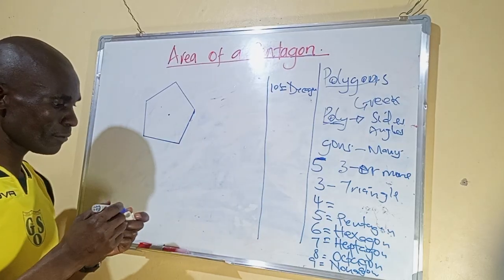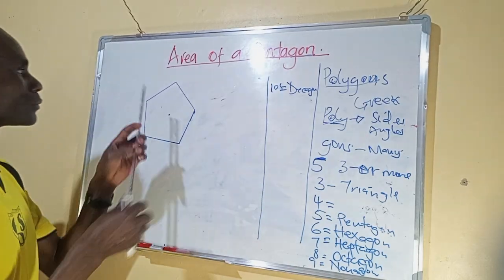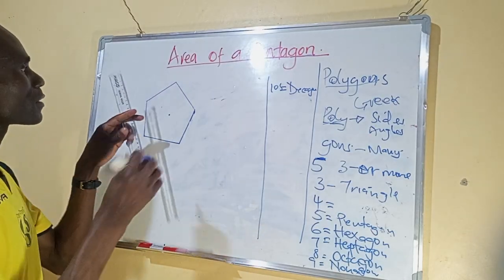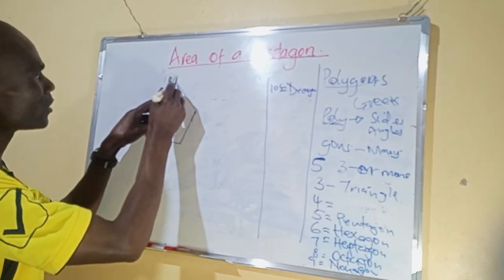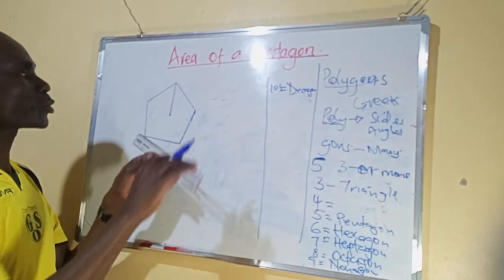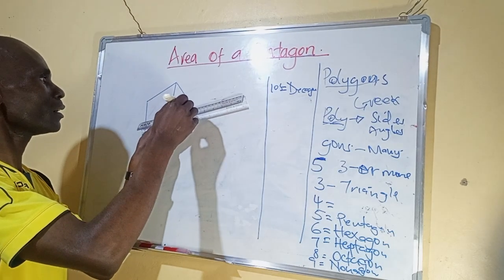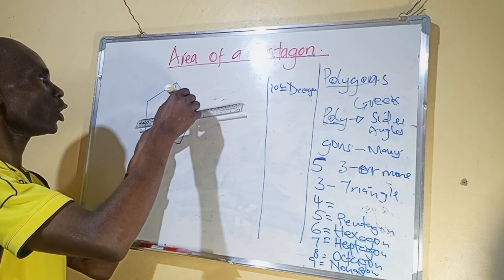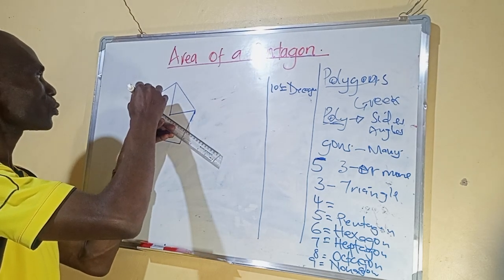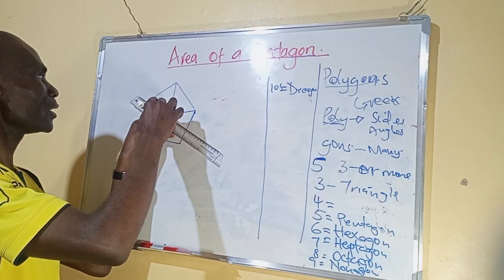So if we have to divide this into triangles, let's say we divide this from the vertex to the center, that way. So we join all vertices to the center. We do it that way comfortably.